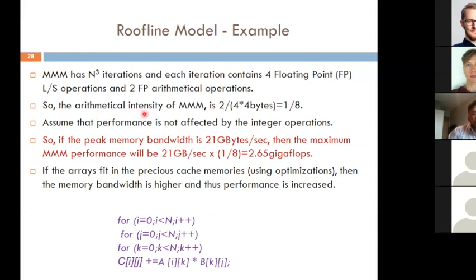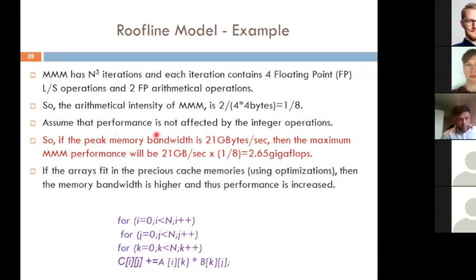For example, over here the arithmetical intensity of the matrix multiplication is 2 floating point arithmetical operations over 3 loads and 1 store. We are loading 4 bytes, 4 bytes, 4 bytes, and storing 4 bytes, so 16 bytes. That's how we calculate that 1 by 8 is our AI.